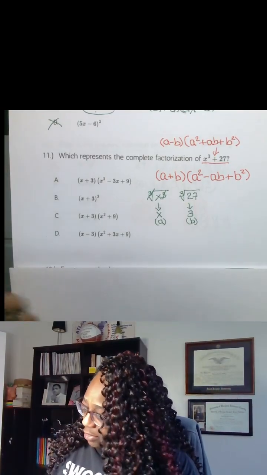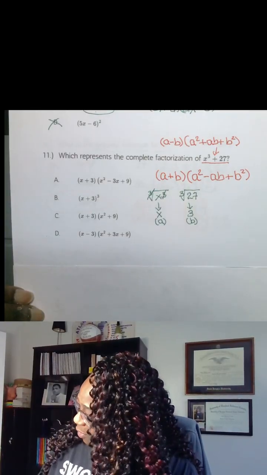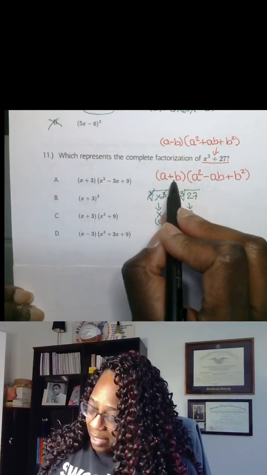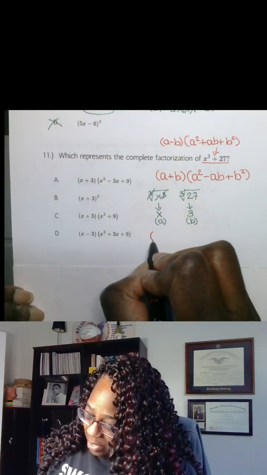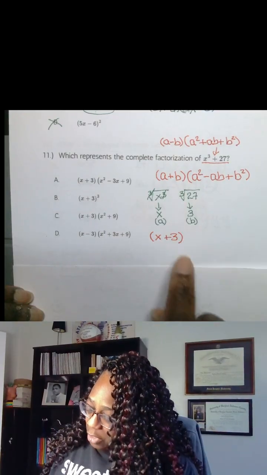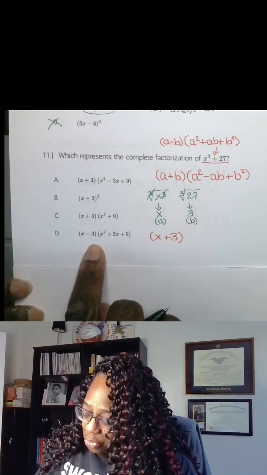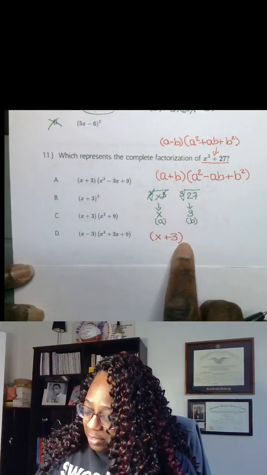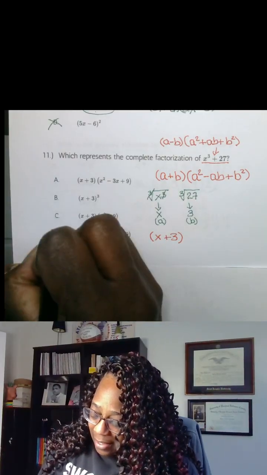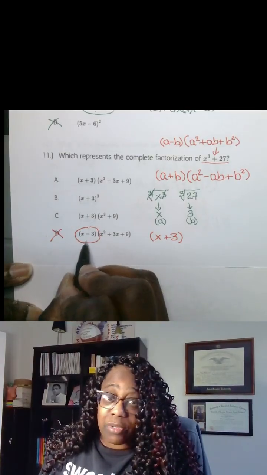So let's do it. Using the formula, we have A plus B, so that means we have X plus 3. Just knowing this information, going back to my answer choices, I'm seeing X plus 3, so that means D is gone because it says X minus 3.